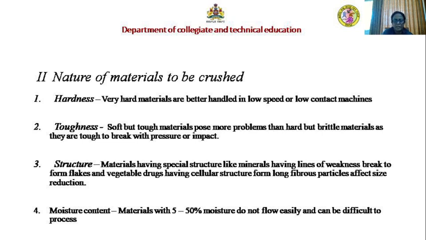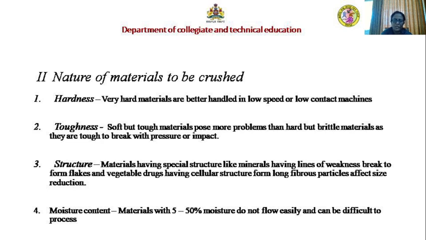First, the hardness. When the material is very hard in nature, then you have to use a very low speed or low contact machine. See, hard materials are very tough to break. In fact, hard materials usually cause abrasion, that is damage to the parts of the equipment.